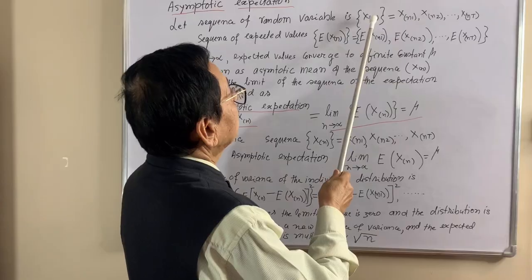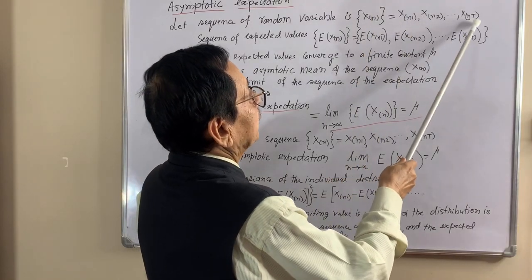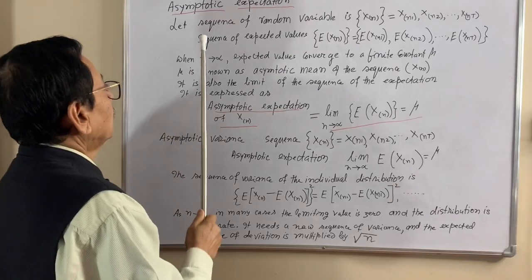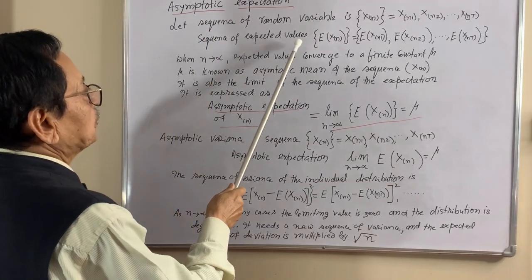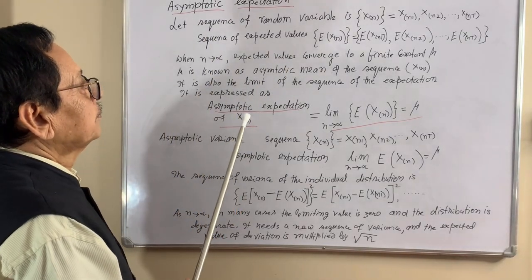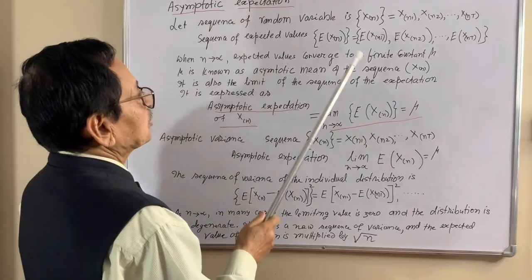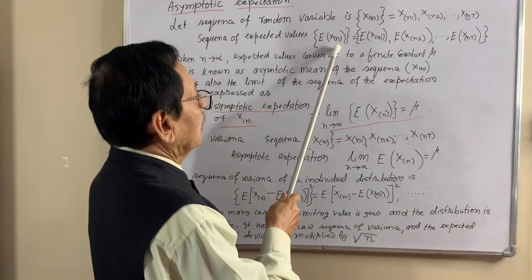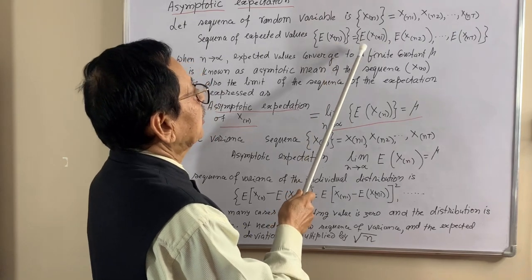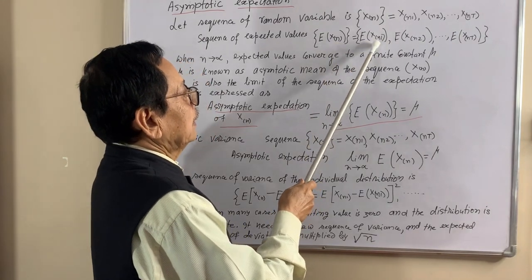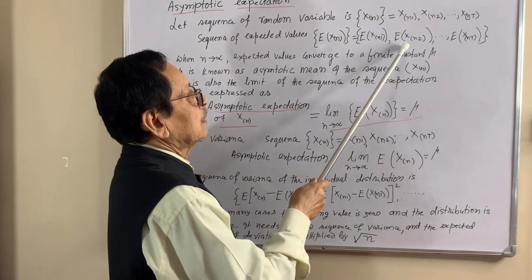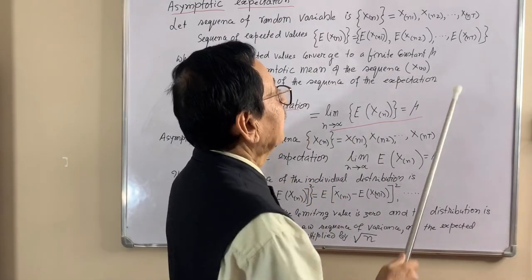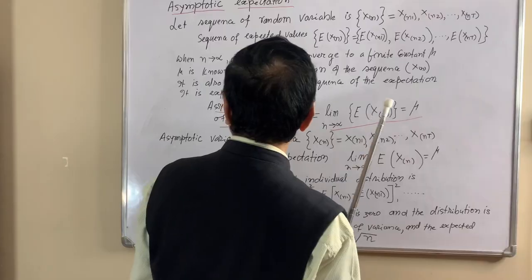So out of n there are nt number of sequences. So the sequence of expected values will simply be expected xn1, expected xn2, and so on to expected xnt.